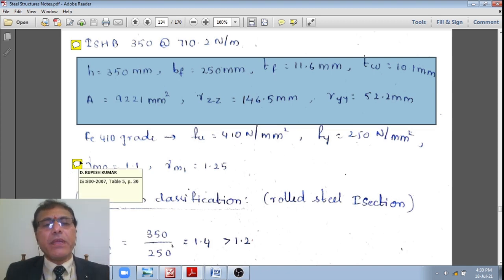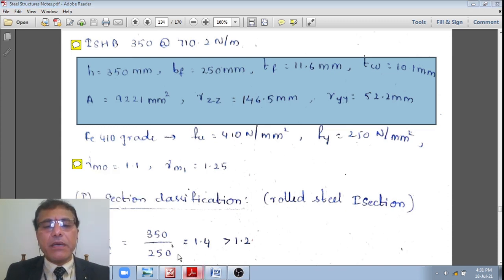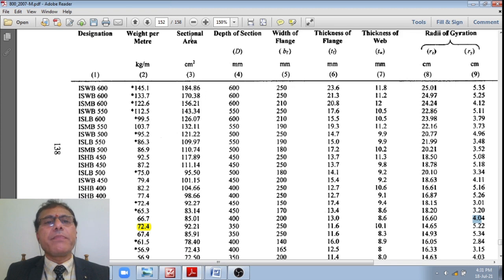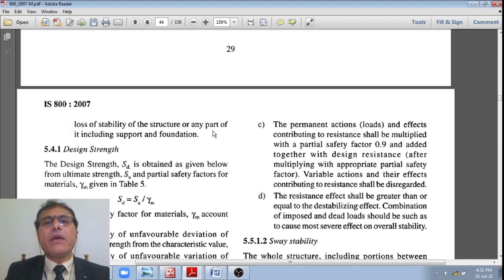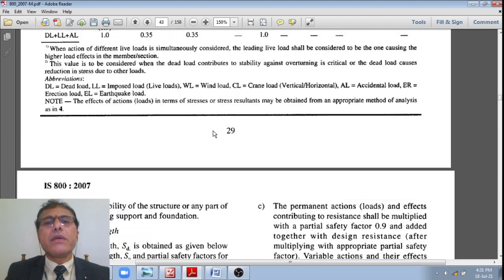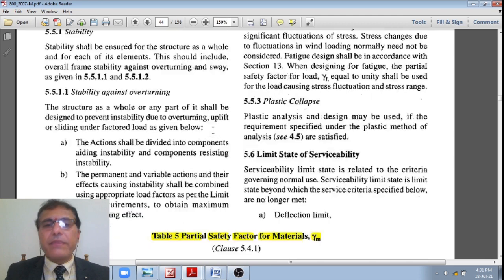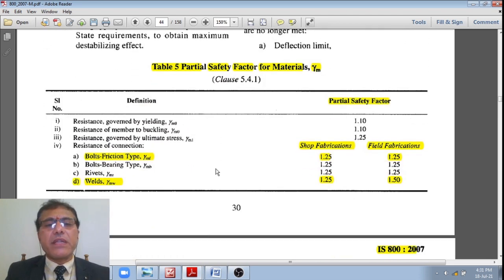And also from the table 5, page number 30 of IS 800. Let me go to that page number 30. Right now, this is page number 30, students, right? Wherein I do have this table, from which the partial safety factors are available.